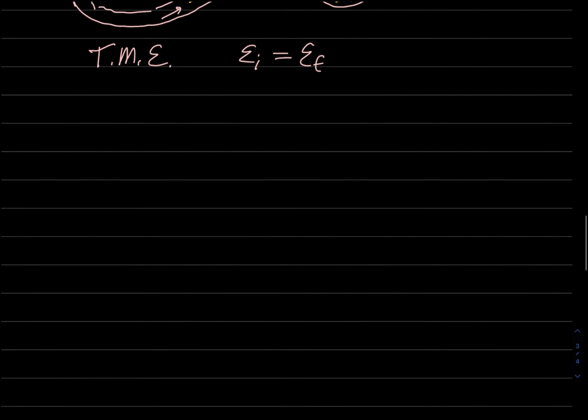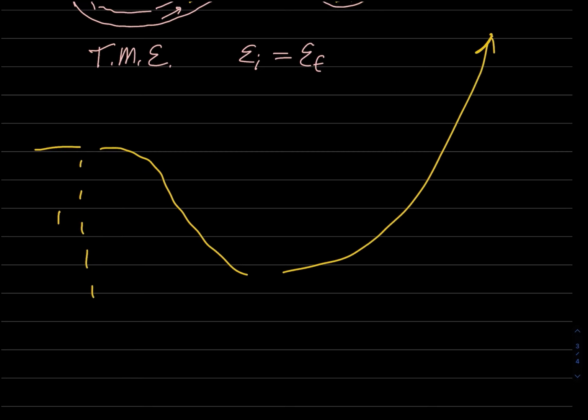Now let's look at it yet again, but this time we're going to start with some kinetic energy. So here's our starting point, distance h off the ground, and the mass is going to come out of the gate here with the speed of v sub naught. It's going to do the same thing. It's going to gain more speed, more kinetic energy, as it loses its gravitational potential energy. And then it's going to climb, and it's going to come to a stop.